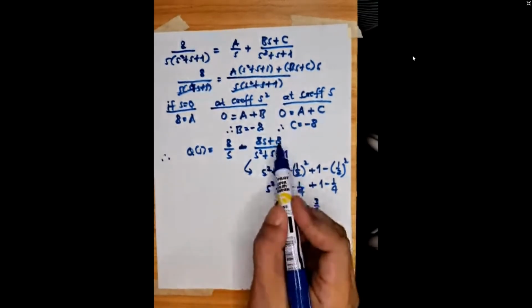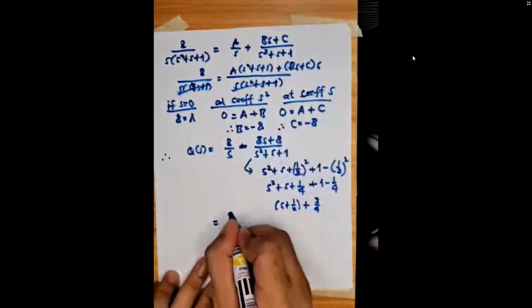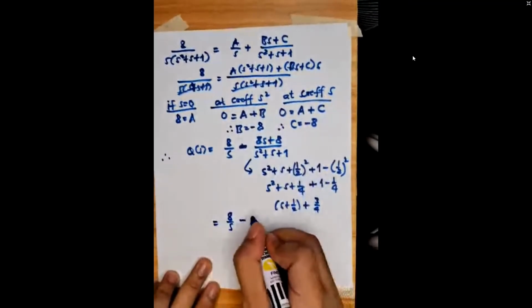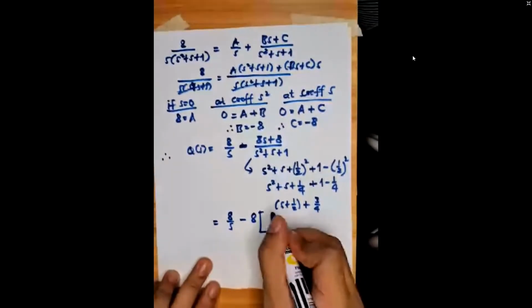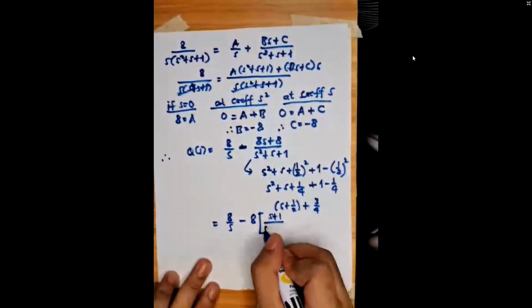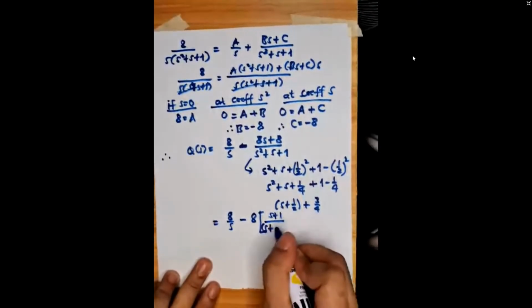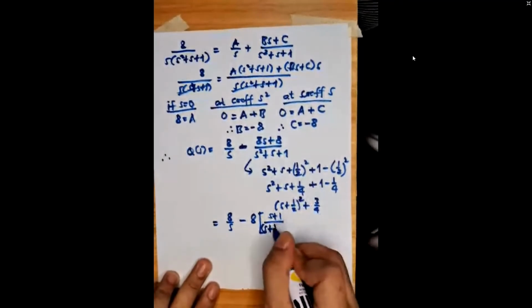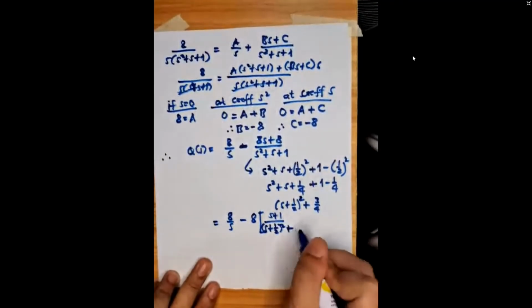Okay, so kailangan pag-iwalayin yun. So i-factor out ko yung 8. So 8 over s minus 8 times s plus 1 over s plus 1/2 squared plus 3/4.